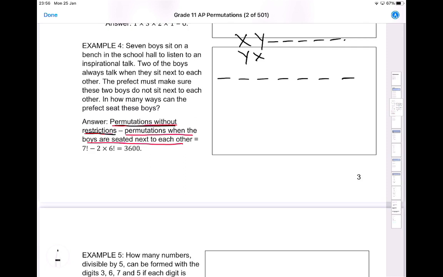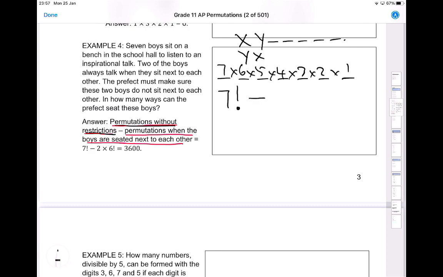This actually means the first position could be taken up in 7 different ways. The second one is 6, 5, 4, 3, 2, 1. So we could have seated them together in 7 factorial ways. Okay, suppose there was no restriction. Okay, so that is the first part.